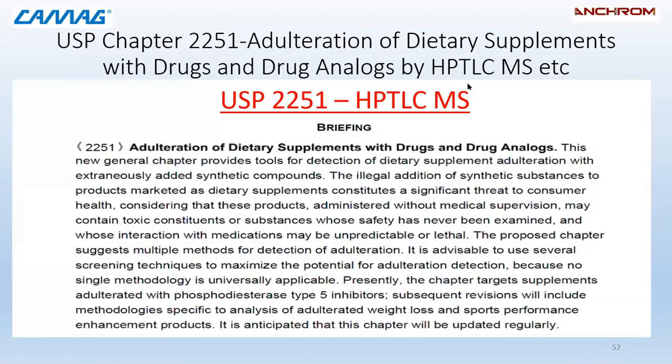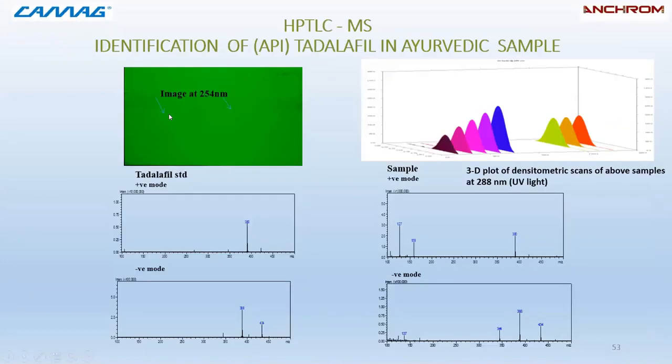Here you can see the USP chapter 2251 for the adulteration of dietary supplements with drugs and drug analogs by HPTLC-MS. This is one example: identification of an API, tadalafil, in an Ayurvedic sample.